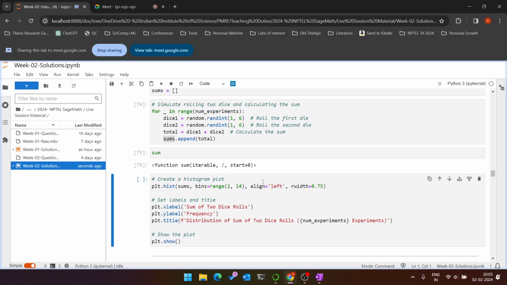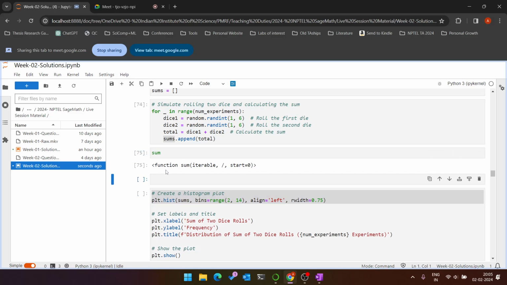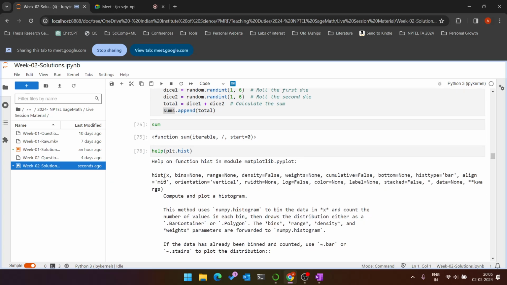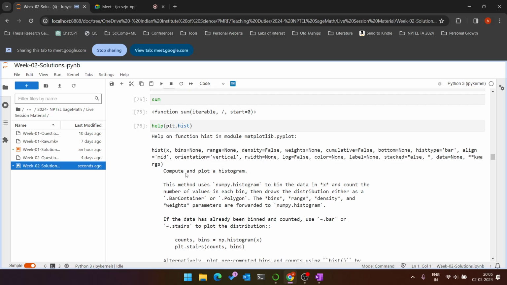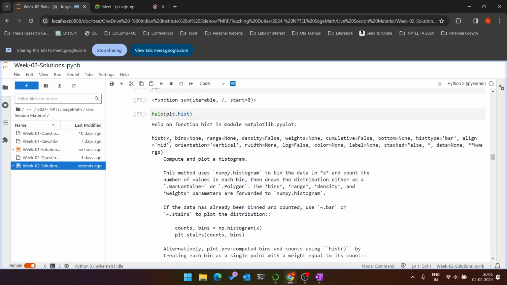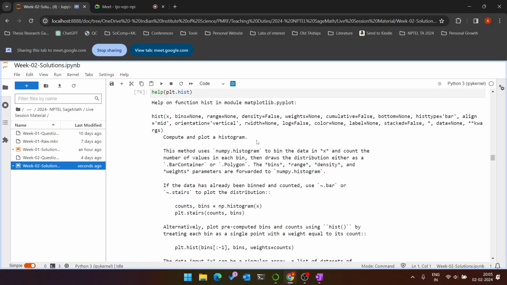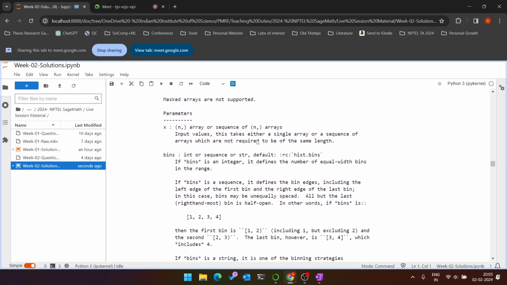next we create a histogram plot. So there is a lot happening here. I'll go step by step. Firstly, if there is any confusion, we could simply use the help function on plt.hist. The help will tell you what inputs histogram takes. So it takes x, bins, range, density, and so on, and an explanation of each of these is given.